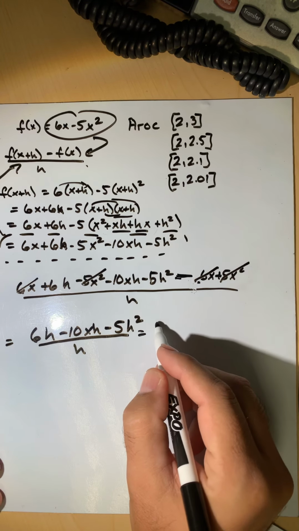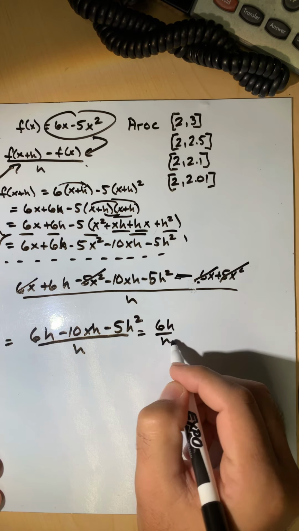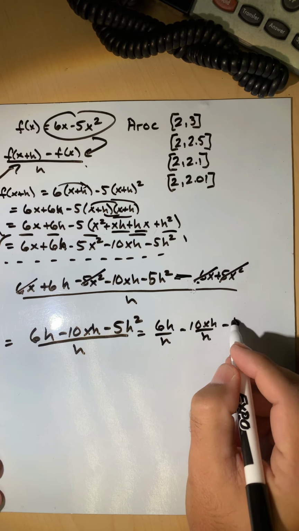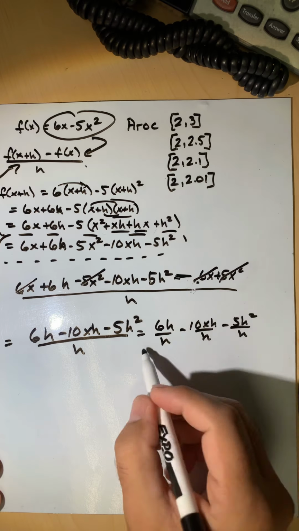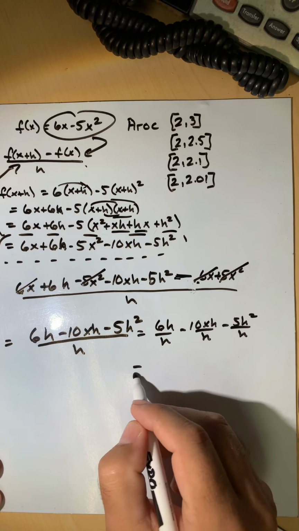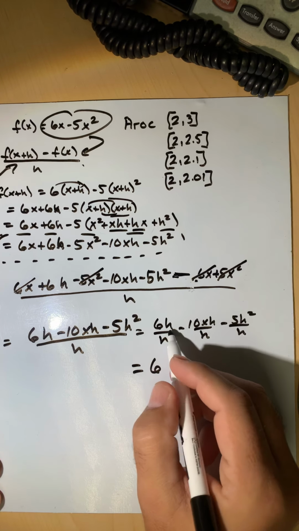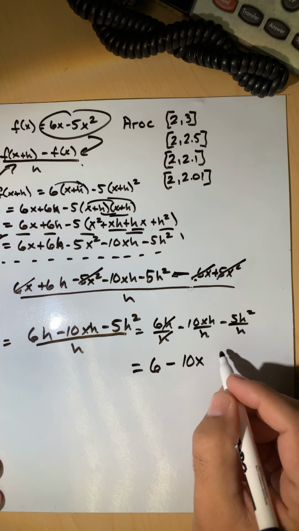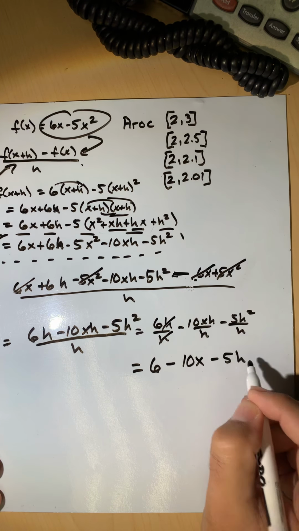So you just want to think about it as if it was a 6h over h minus 10xh over h minus 5h squared over h. That just makes your life a little bit easier for simplifying this so you don't forget anything. So now what do I have? I've got 6, right, because the h's cancel, minus 10x, and then minus 5h.